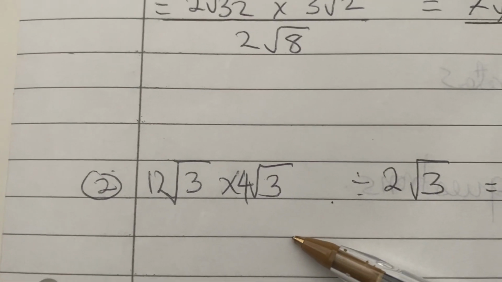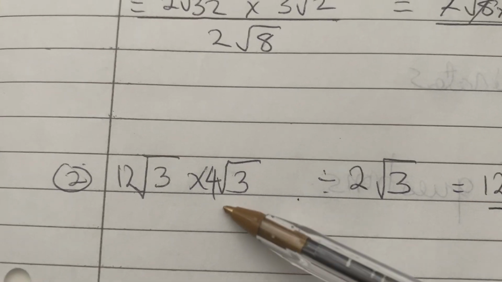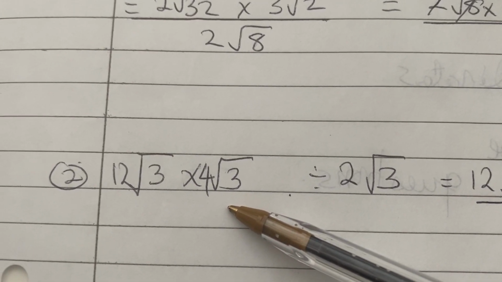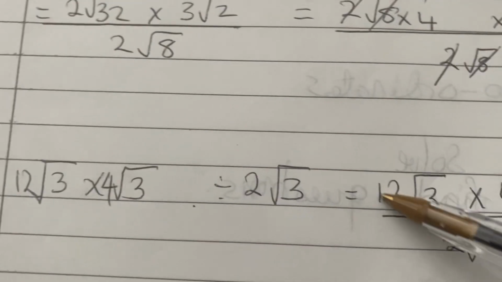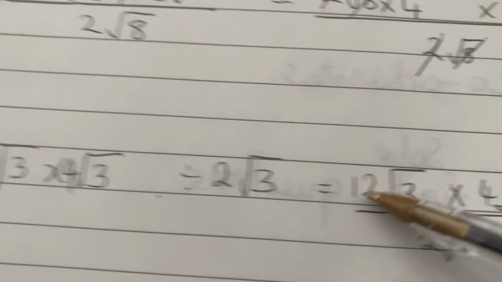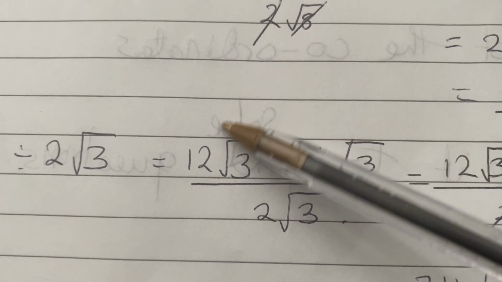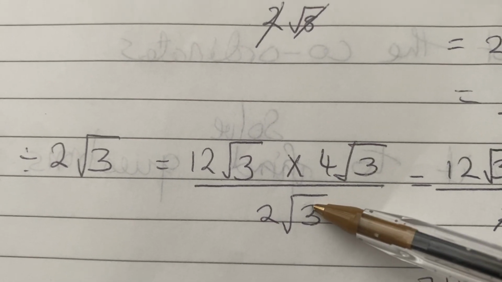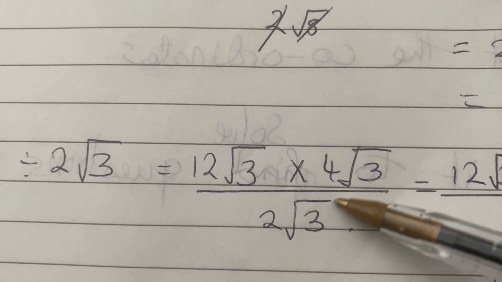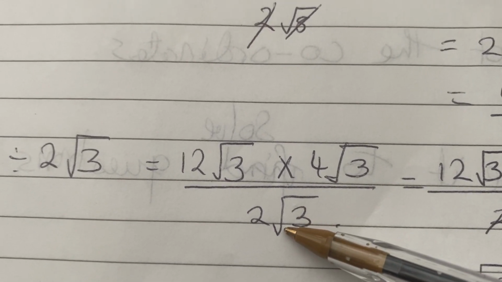Now our next one is 12 root 3 times 4 root 3, divided by 2 root 3. If you write it this way, it's helpful because you know how to get rid of the denominator.